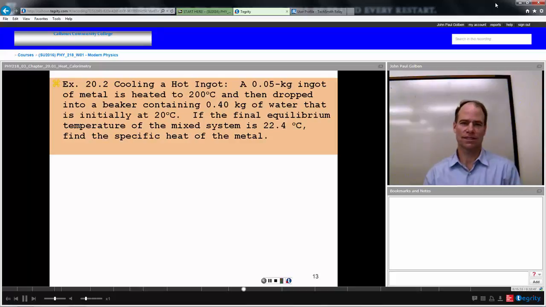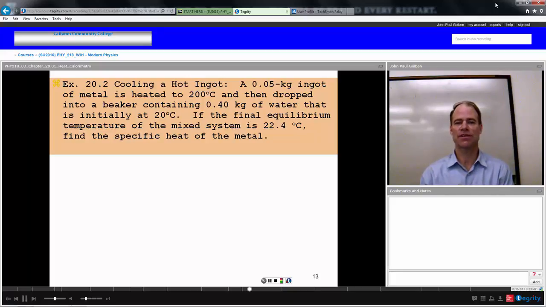Let's try this example. Cooling a hot ingot. We have a 0.05 kilogram ingot of metal. We don't know what it is yet. It's heated to 200 degrees Celsius and then dropped into a beaker containing 0.4 kilograms of water that was initially at 20 degrees Celsius. Now the final equilibrium temperature of the mixed system is 22.4 degrees Celsius.